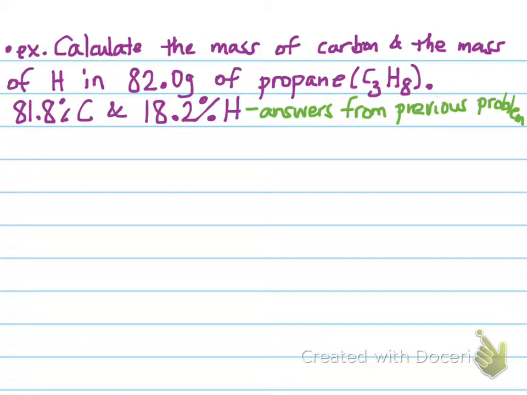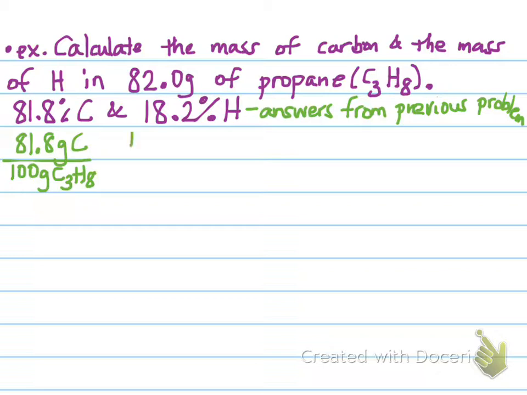So, again, our equation, basically what this is saying is that we have 81.8 grams of carbon in 100 grams of propane. Remember that's what we just said, this conversion factor is if we assume we have 100 grams of our compound, then our percentage becomes a mass.